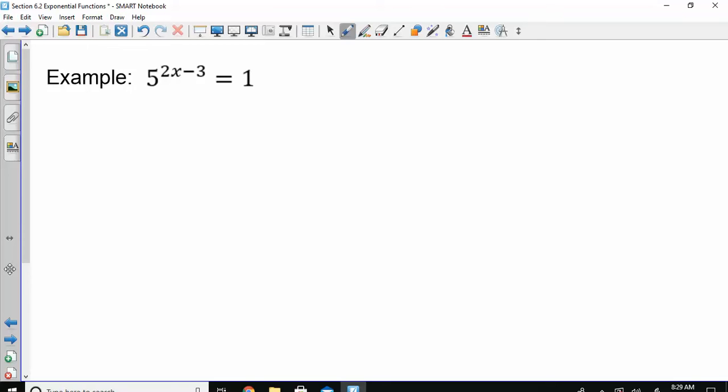I need a common base. 5, can we break that down at all? No, so it has to stay. This has to be 5 to the 2x minus 3. So the question is, how would I change a 1? We can't change the problem, but I need it to be 5 to some power.